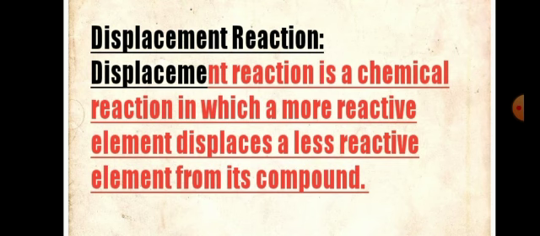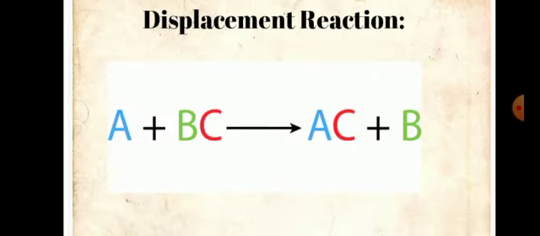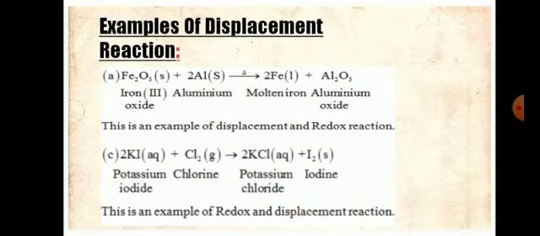For example, if zinc is more reactive than gold, then zinc will replace gold in its aqueous solution. As you can see from this image, A plus BC will give you AC plus B. So here the less reactive metal has been replaced. This is your displacement reaction.